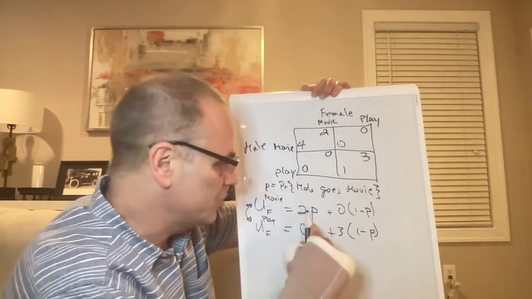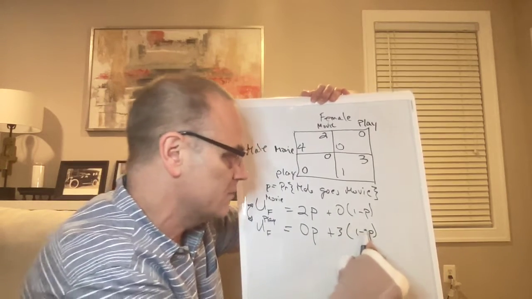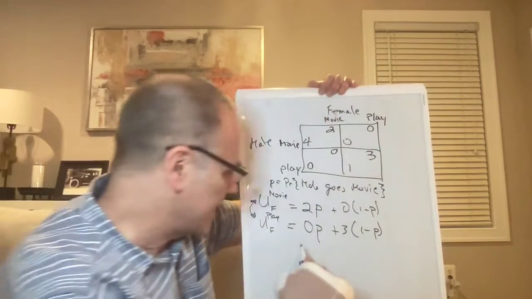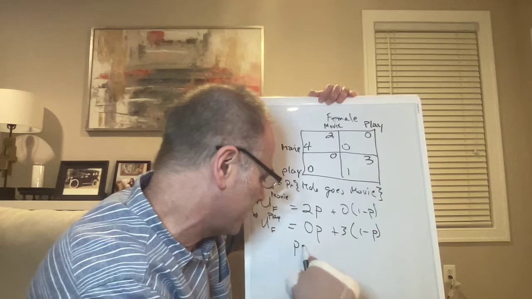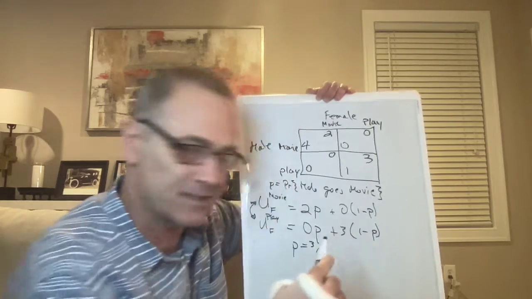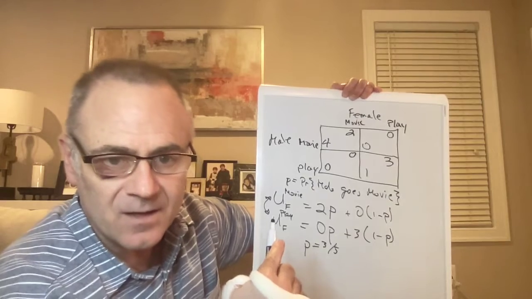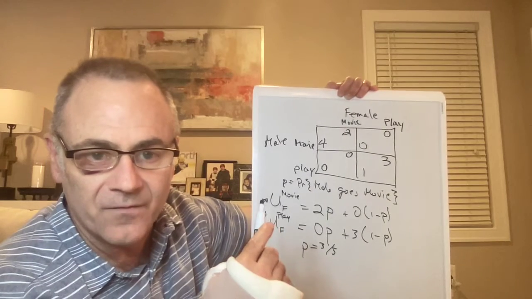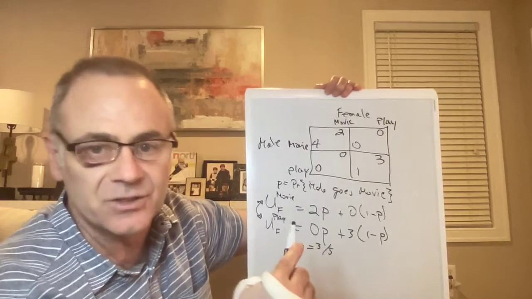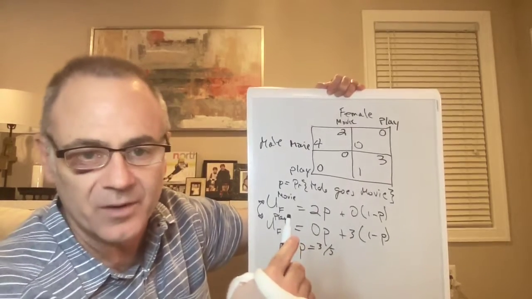So we set 2P equal to 3 times 1 minus P. And what we get is P must equal 3/5. So for the mixed strategy equilibrium, the male has to be choosing a movie with probability 3/5.